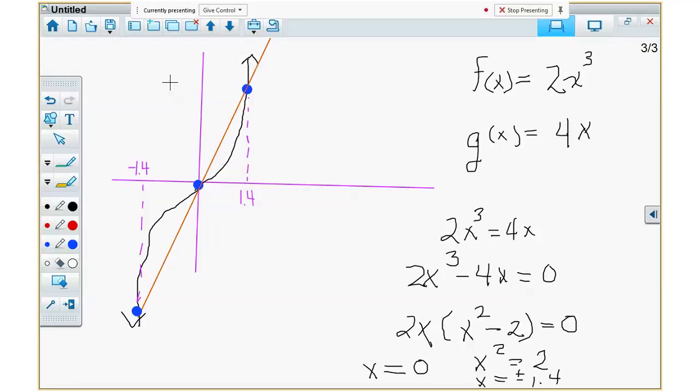So we are finding this area. Now, if you apply the positive and negative to it, basically what's going to happen?